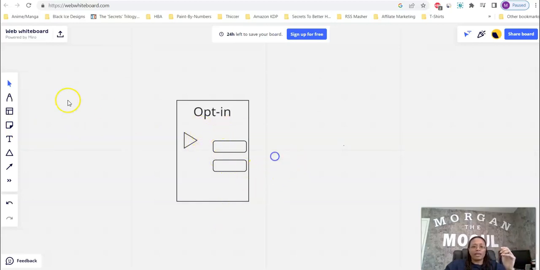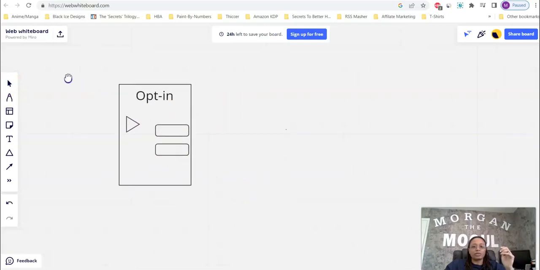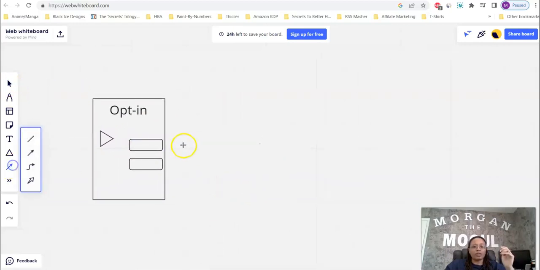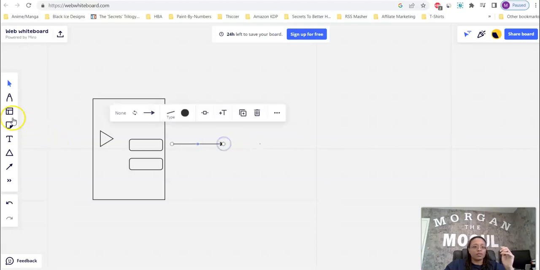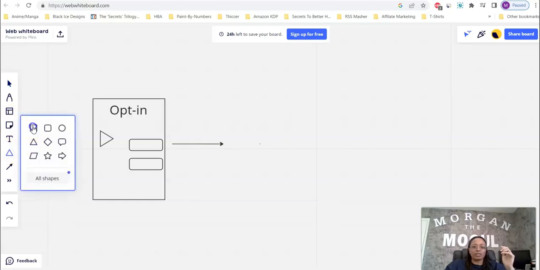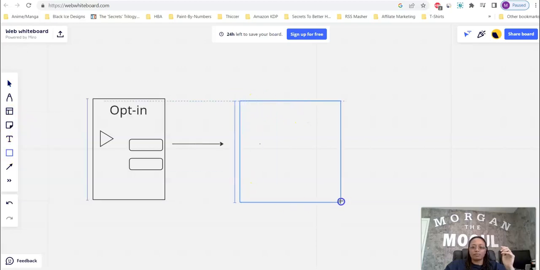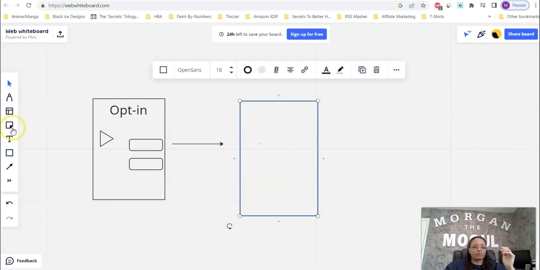But your opt-in page is going to lead to a bridge page, or a thank you page. They're basically the same thing. The idea behind it is that you're thanking them for opting in and redirecting them to the sales page.